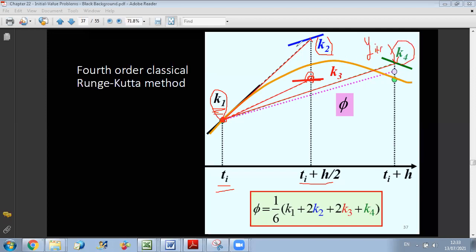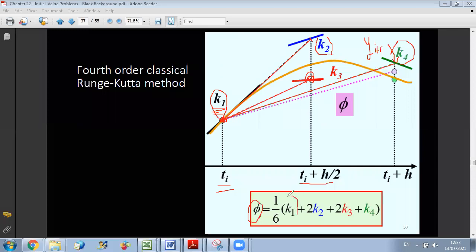And now I have four slopes, k1, k2, k3, k4. My mean slope will be considered as a certain average between these, but I should pay attention. It's not an arithmetic mean. I don't have the same coefficient for all. No, I have a weighted average that is different for each slope.